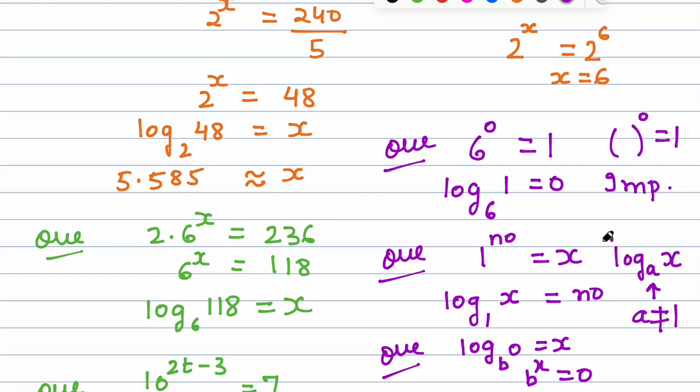So in log base a of x, a cannot be equal to 1 and x cannot be equal to 0. So three major results: log of 1 is always 0, the base cannot be 1, and the number with log cannot be 0. So learn these three important rules.